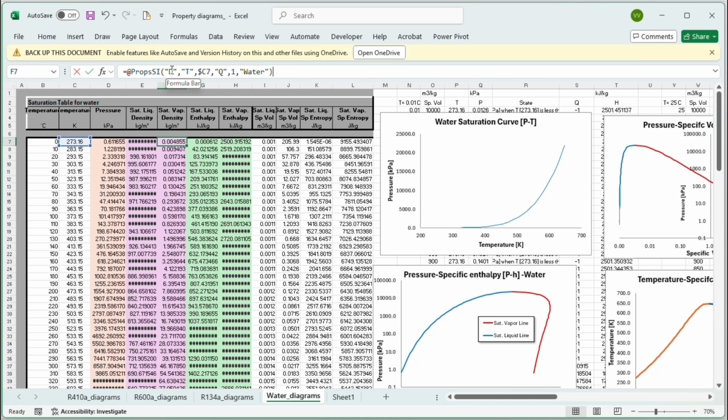You calculate density at the correct temperature that you have here, but you use a quality of 1. Quality of 1 means it's vapor. So in this case, the quality matters. Temperature and quality: if you change this to a quality of 0.5 or something, you'll get a different number. It shouldn't be 0.5, it should be 1 here because you're looking for vapor.